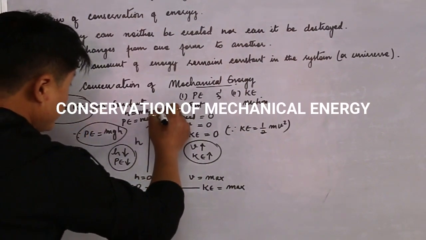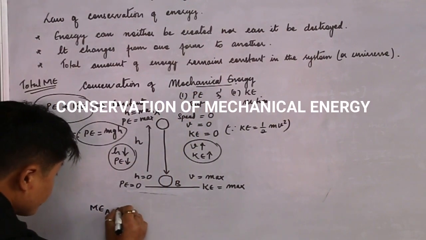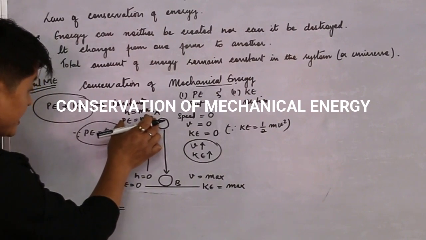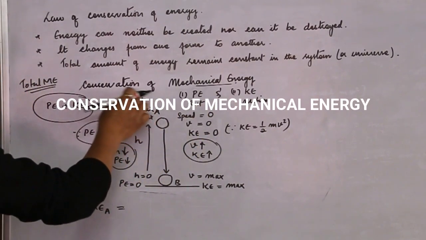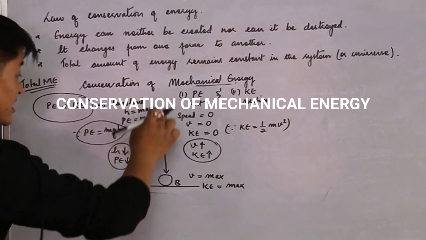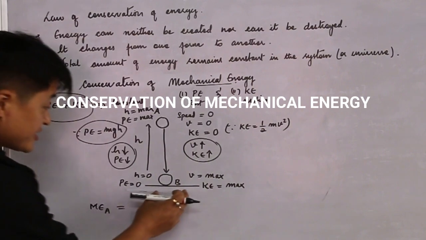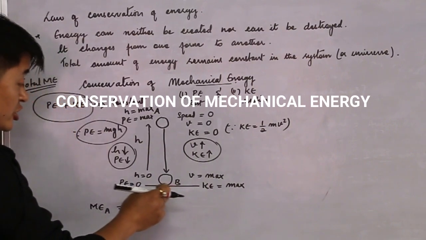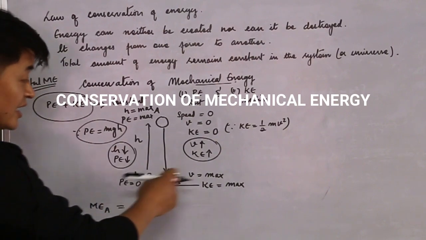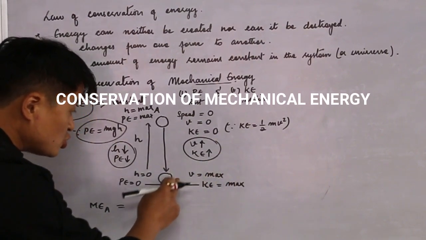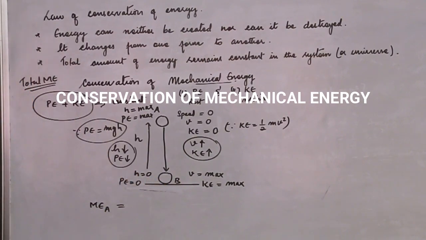Let's take the mechanical energy at A. Here the potential energy is maximum, kinetic energy is 0. So here the total mechanical energy is maximum at point A. And if we see the point B, the sum of the potential energy and the kinetic energy: potential energy is 0, kinetic energy is maximum, so the total mechanical energy at B will be maximum.